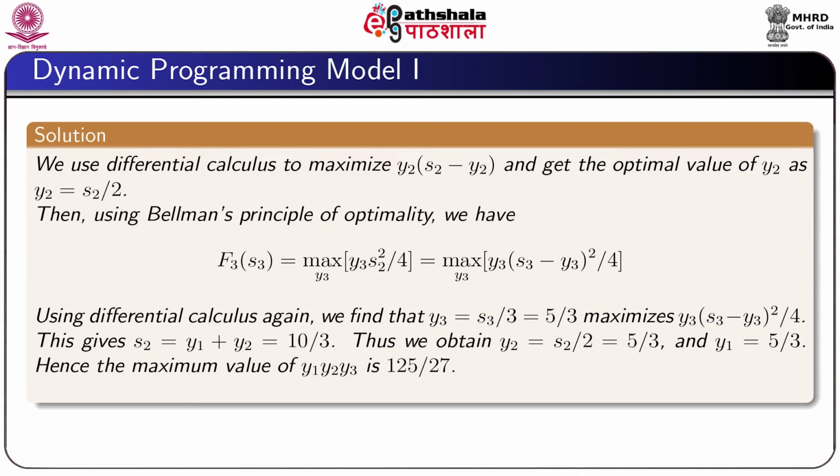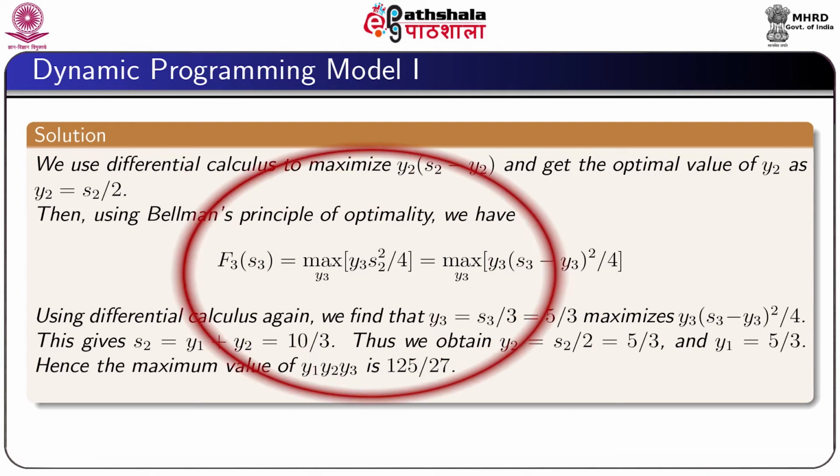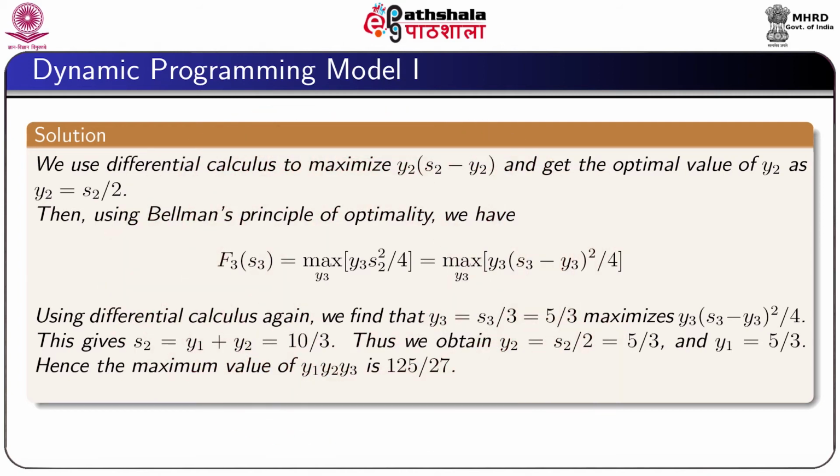Then by using Bellman's principle of optimality, we can write F3(S3) equal to maximum of Y3 into S2 square by 4, which can be written as maximum of Y3 into S3 minus Y3 whole square divided by 4. So, again we use differential calculus to find the value of Y3, which maximizes Y3 into S3 minus Y3 whole square divided by 4.